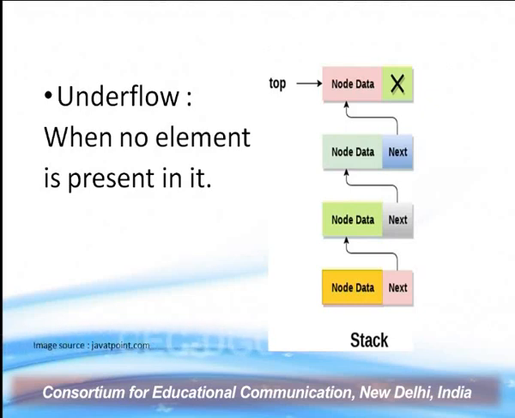Node data is the one data element, and then the next pointer is pointing towards the node above. Similarly node 2 is also pointing towards node 3, and node 4, which is the topmost node, is not pointing towards any other node. That's why its pointer field is empty, or it contains null.